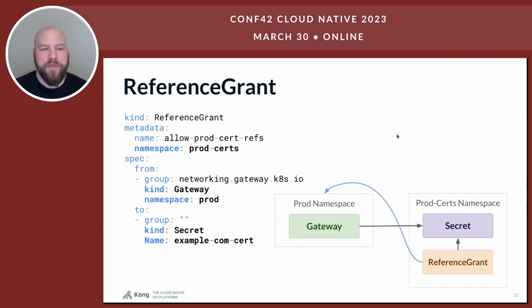And then we also have one that isn't a route called reference grant. This is a particularly powerful API that is actually in beta today, and it gives you the capability of granting a reference from another namespace. So as you can see from the diagram here, if a gateway needs access to a secret in another namespace, you can provide a reference grant, which will say, yep, that is allowed from the referent namespace.